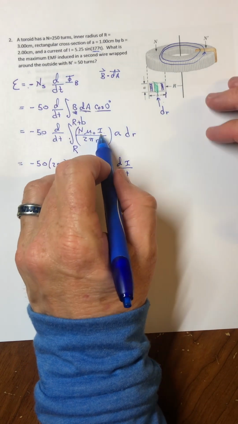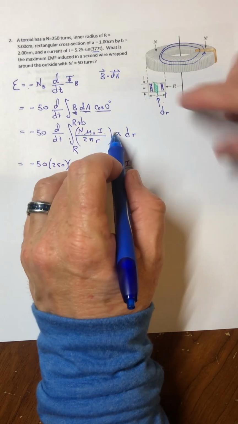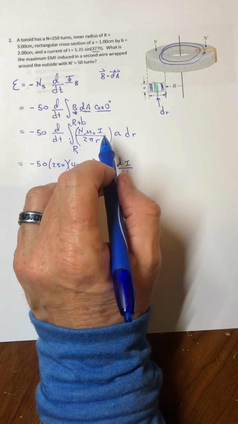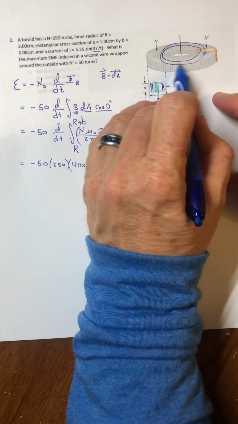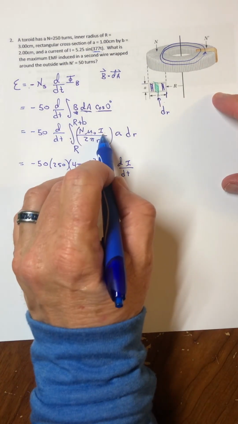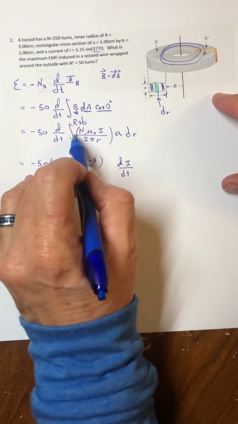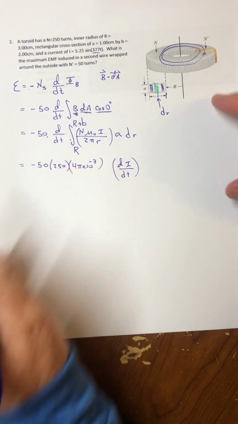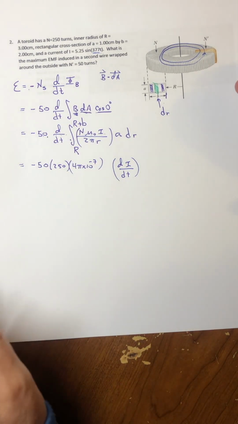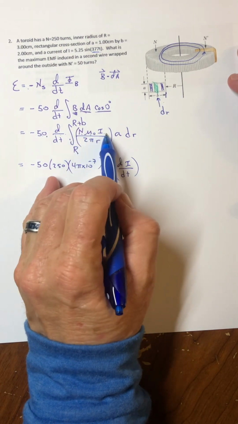At some moment in time, it's a constant in space. If you take a flash picture in time and ask where the current is, the current's the same everywhere in space, so I can take the current in front of the integral over space, but not in front of the derivative in time. And so that's those three.